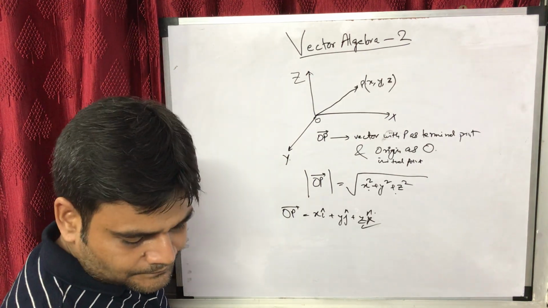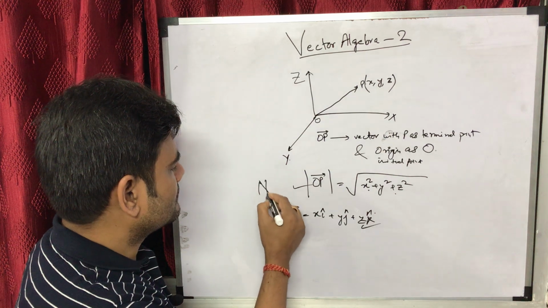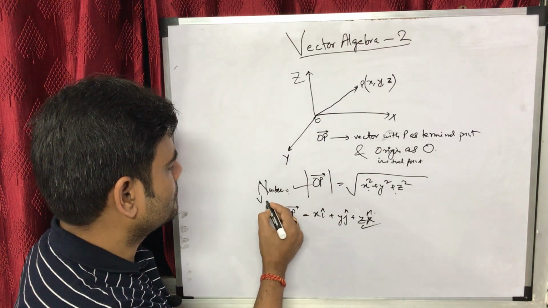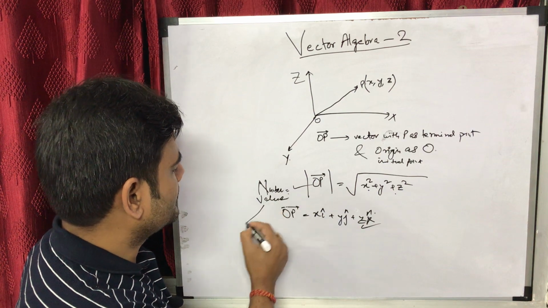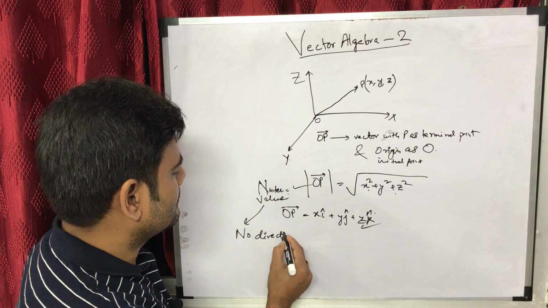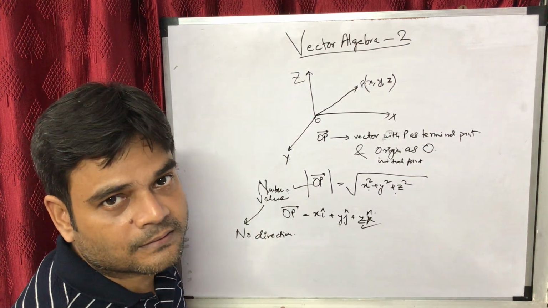Apart from that, this is the scalar quantity, this is just a number. Just remember this. When I say mod, this is just a number, a value, no directions, just like 4, 5, 6, 8, 9, anything.